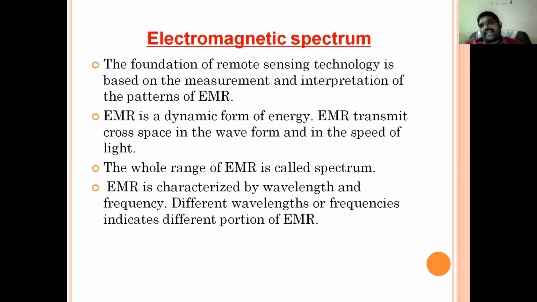See, electromagnetic, there are two words, electro and magnetic. Why these two names? Because the waves, or the energy, consist of alternating or periodically distributed fields of electric and magnetic field.